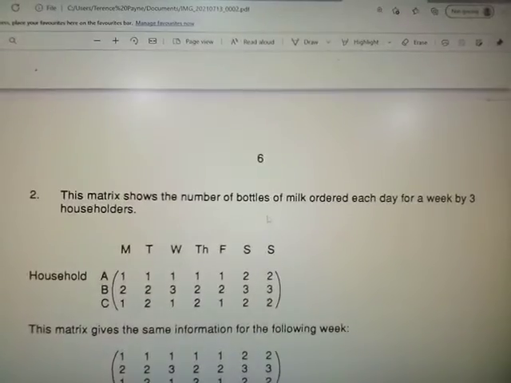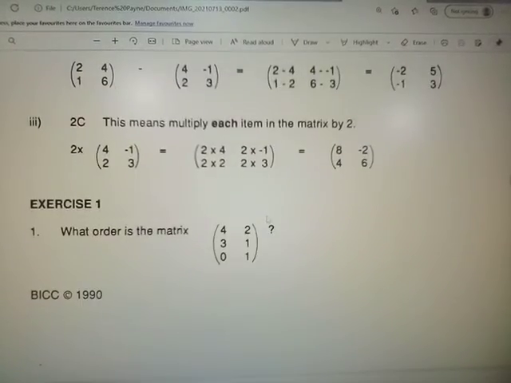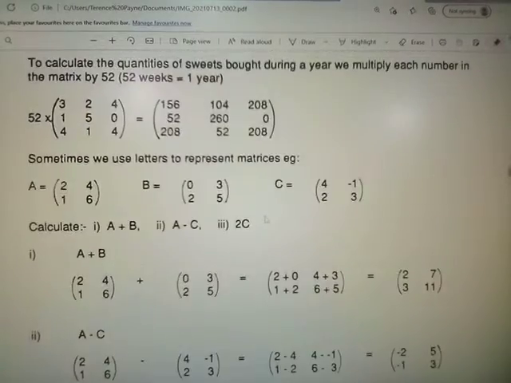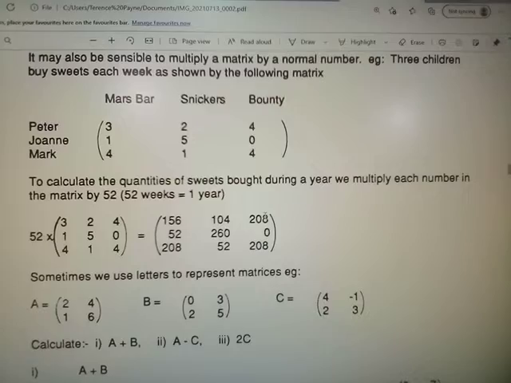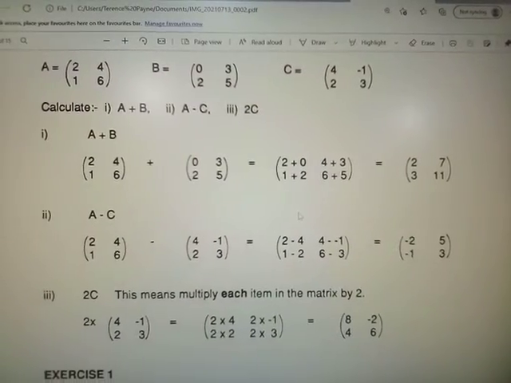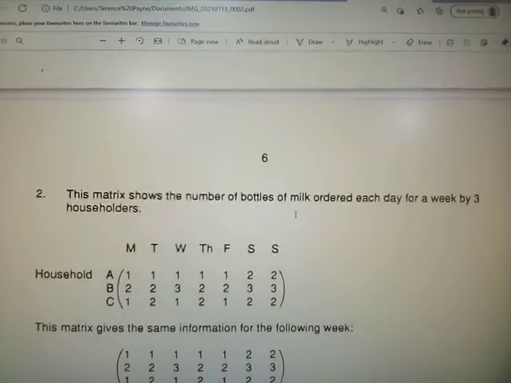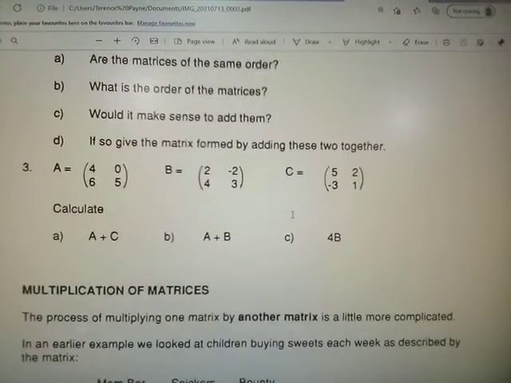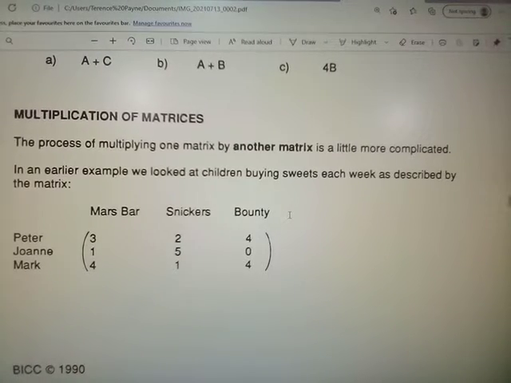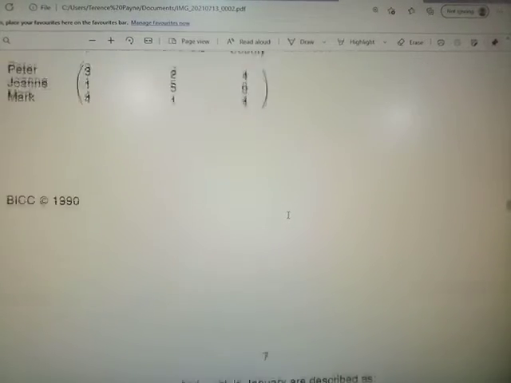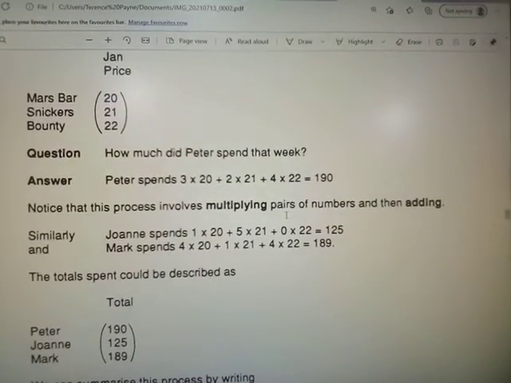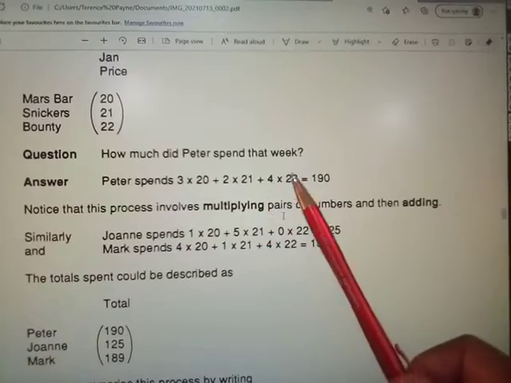I'm just going back to recap. So here you have the total 190.